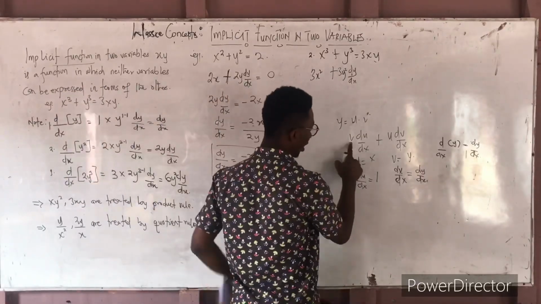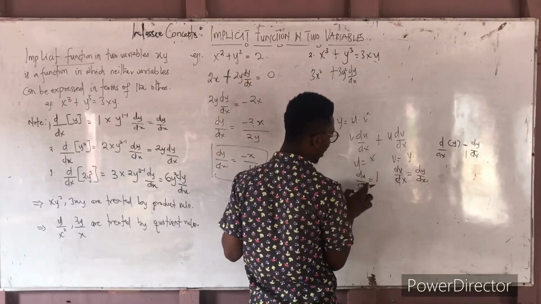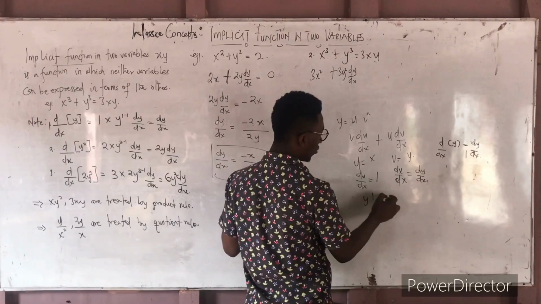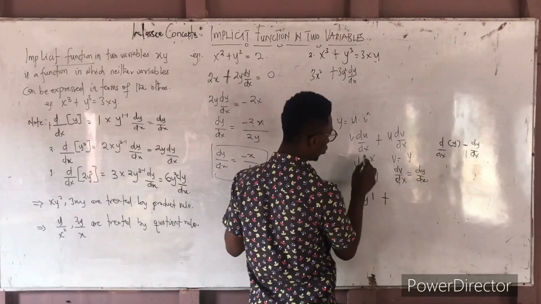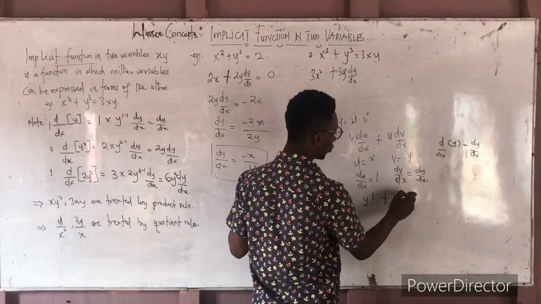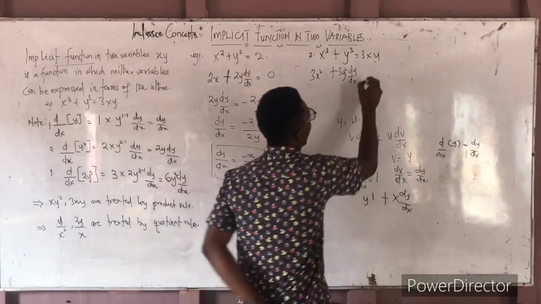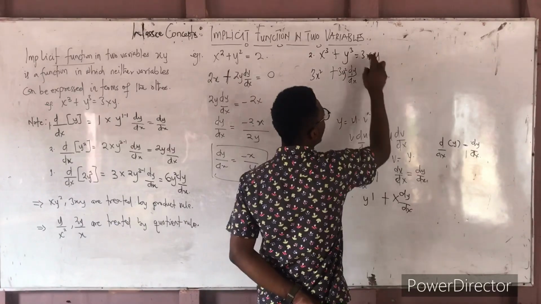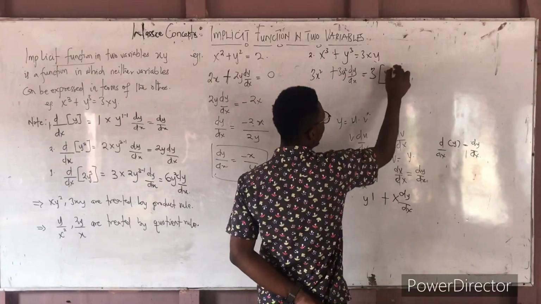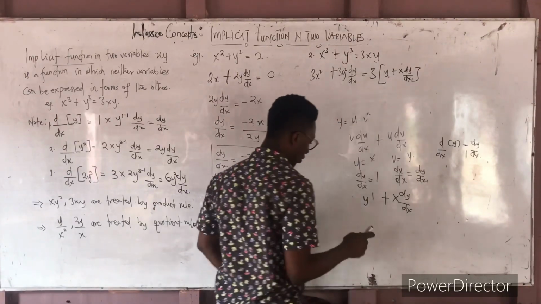So therefore, what is it? v, which is y, times du/dx, which is 1, plus u, which is x, times dv/dx, which is dy/dx. So therefore, if you take the 3 out, you get y plus x dy/dx.